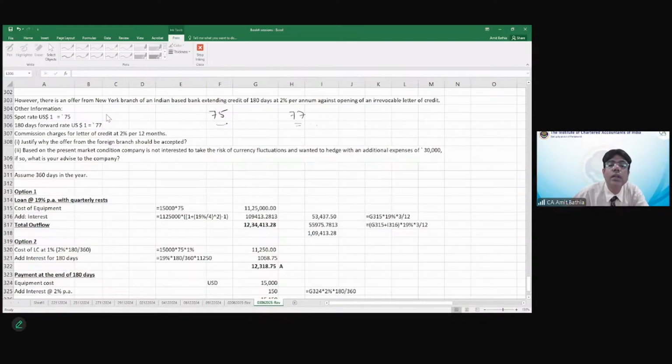I have a forward contract where I will buy $1 at 77, right? Plus incrementally, compared to the spot rate, I will have to pay 2 rupees more.